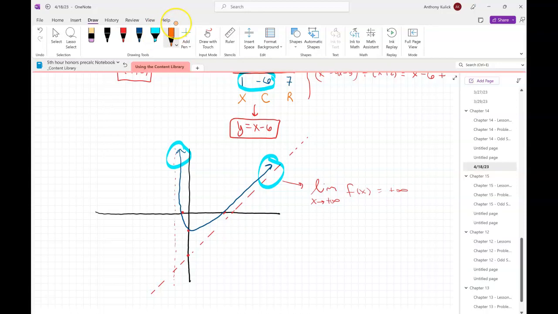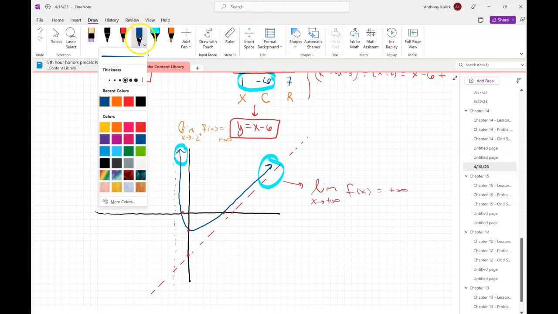How would I write this limit? Limit as x approaches -2 from the right of f of x is equal to positive infinity because it's pointing up.